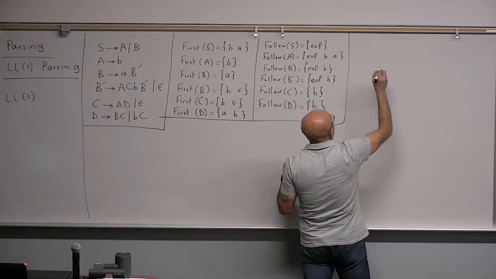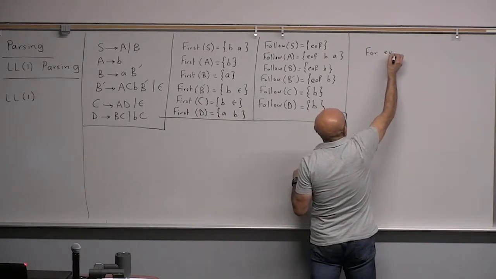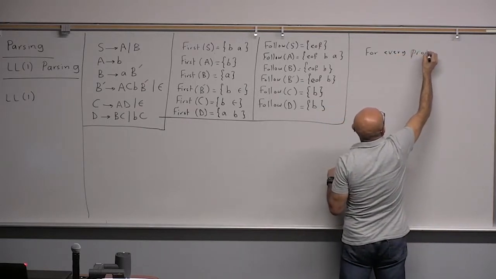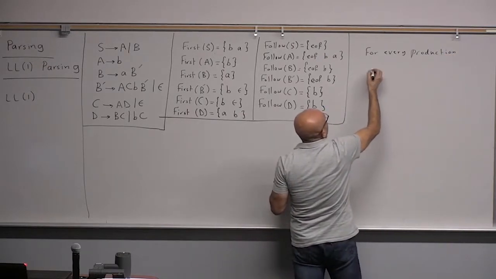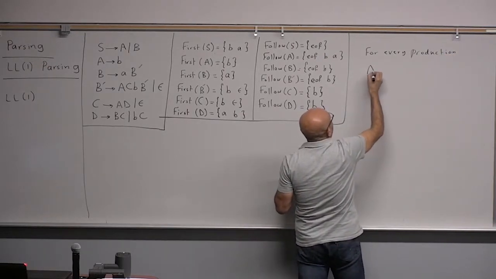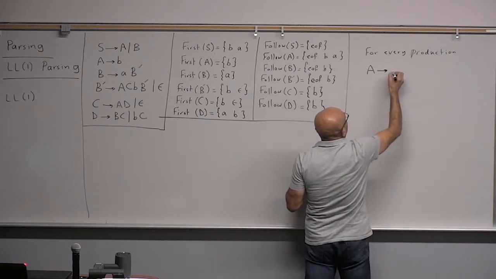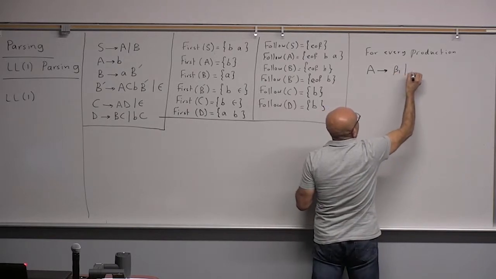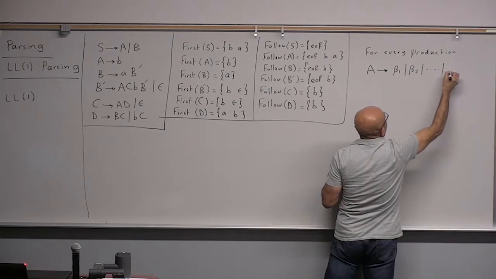So we should have this condition satisfied for every production of the form A equals beta 1 or beta 2 all the way to beta n.